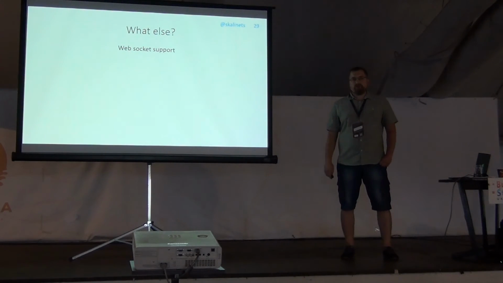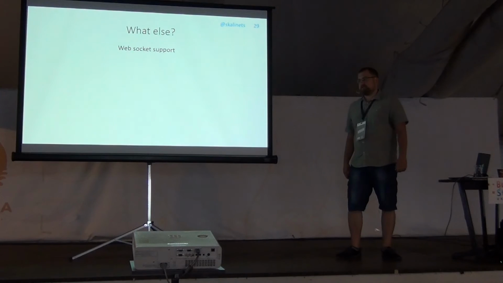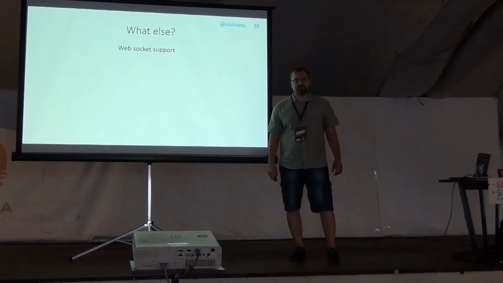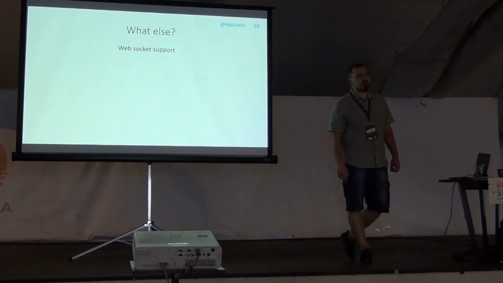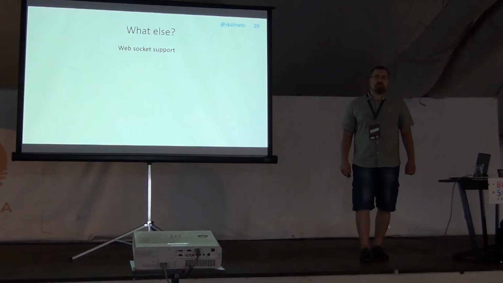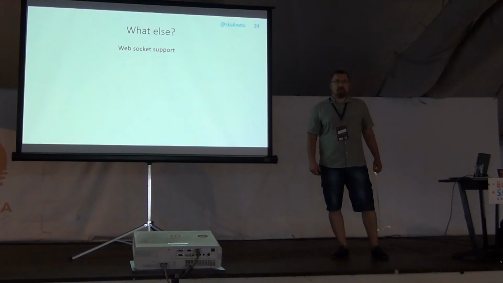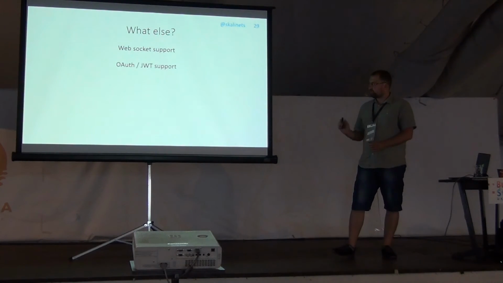Okay, so what else is supported or can be easily added to our Suave server? First of all, WebSockets. WebSockets are supported out of the box with a very convenient programming model like we have seen before, and they provide bidirectional communication with our clients.